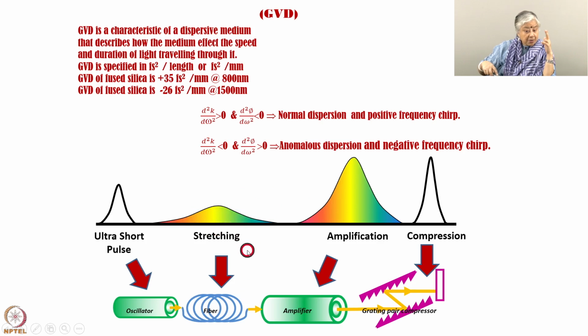So in that first paper of 1985, they had done an experiment with the fiber. Here I have the oscillator which is giving you the seed pulse, which has all those perfect parameters that you desire.